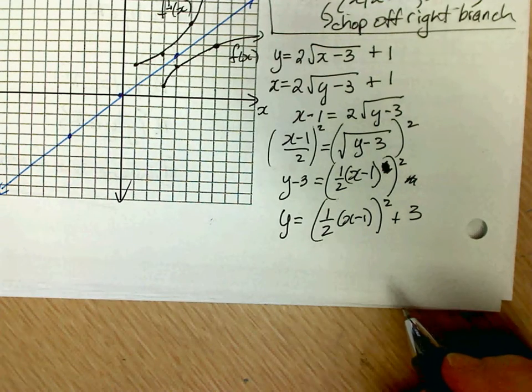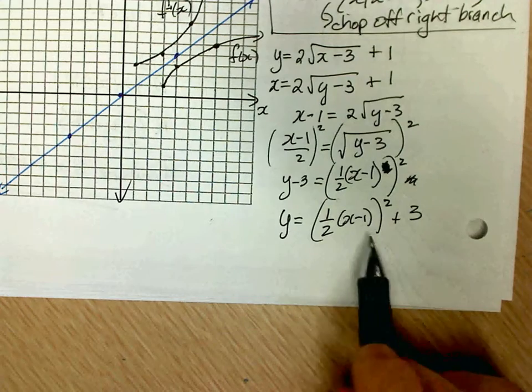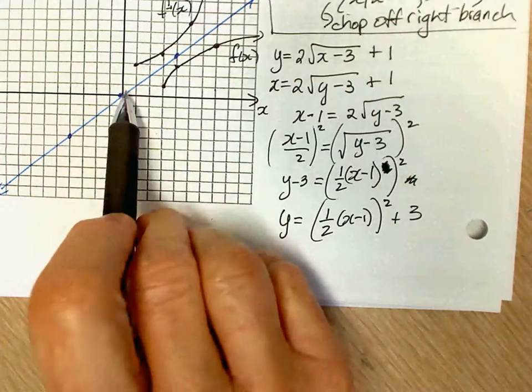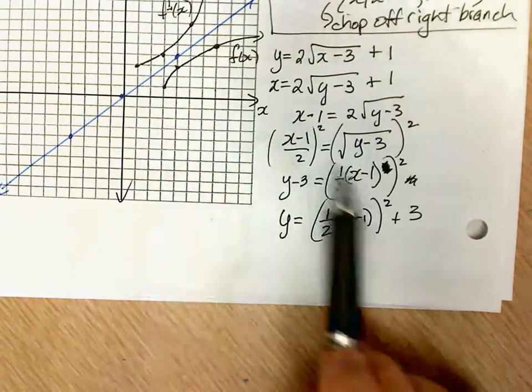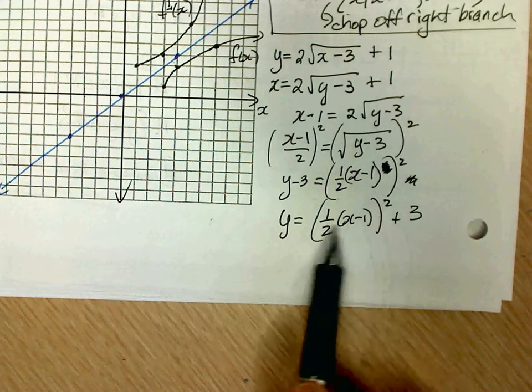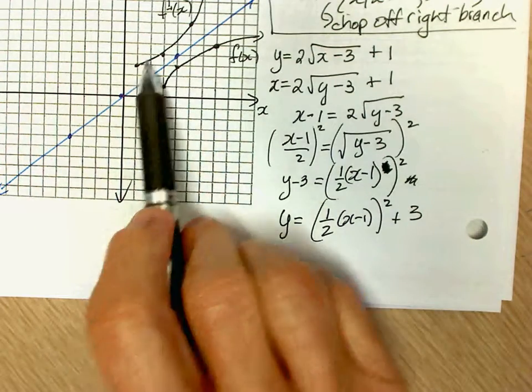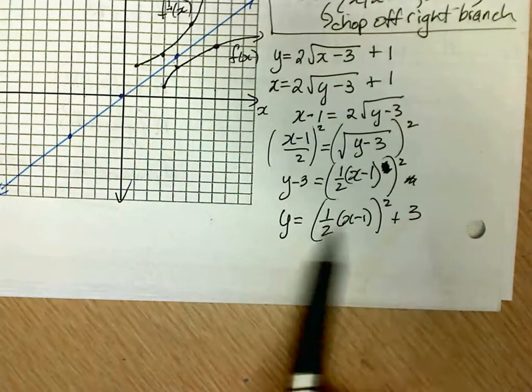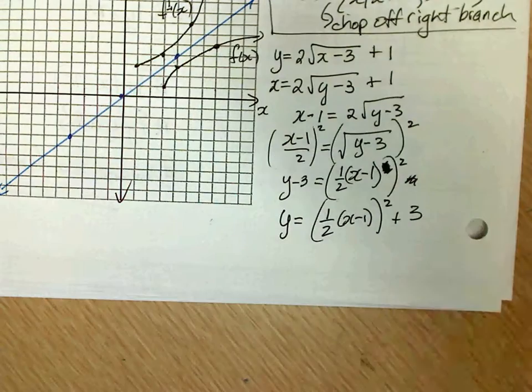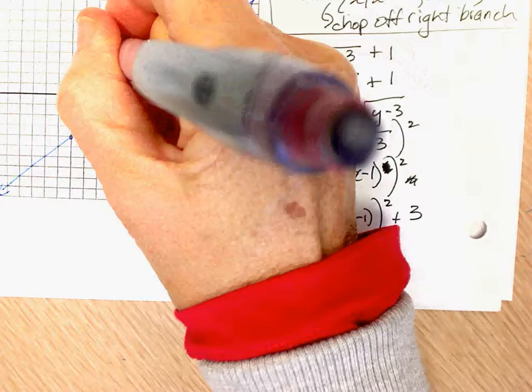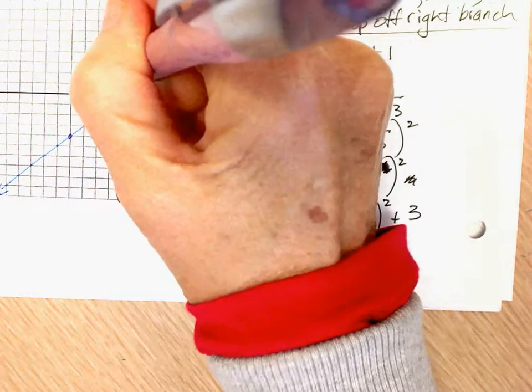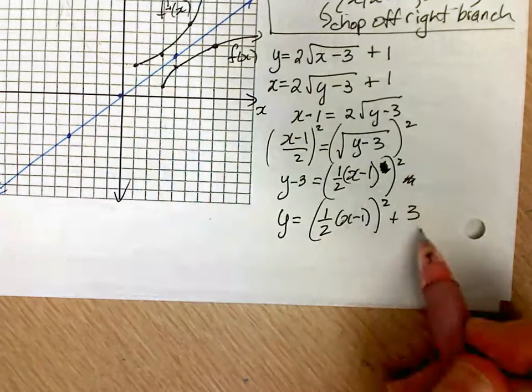Notice the vertex is (1, 3). But notice this is a parabola. This equation, this is only half of this equation. The other half is here, but that wouldn't make it the correct inverse, right? The equation has 2 branches, so we have to correct for that.